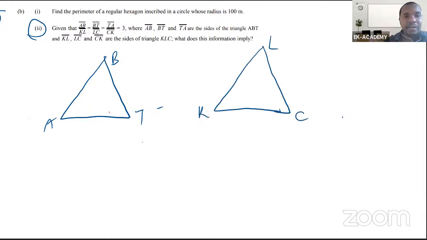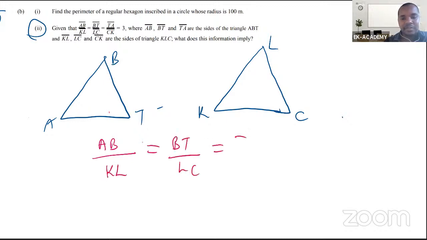We were told that AB over KL equals BT over LC equals 3A over CK, which is equal to 3. Okay? So what does this information imply?